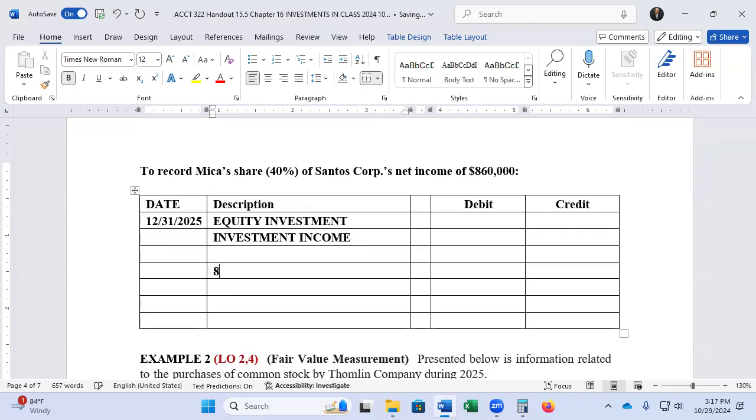And we take 860,000 and we multiply by 40%. And that equals 344,000. So our debit 344,000 and our credit 344,000. Any questions?